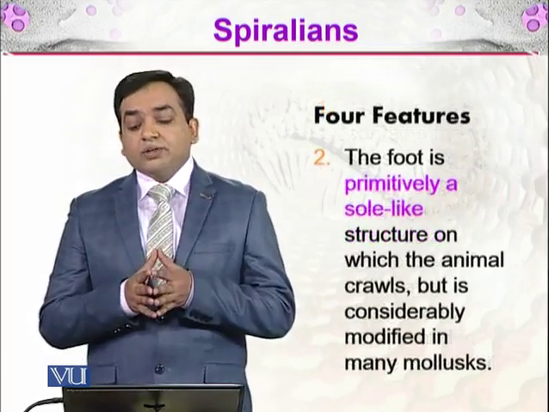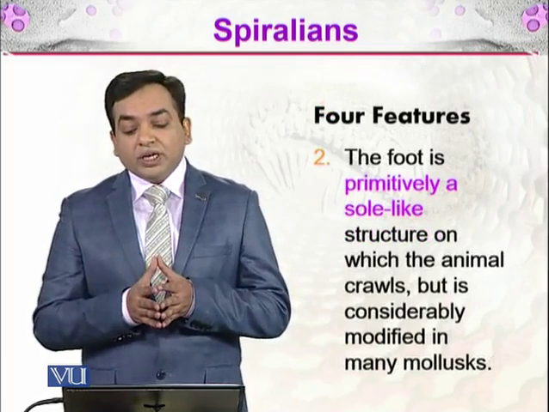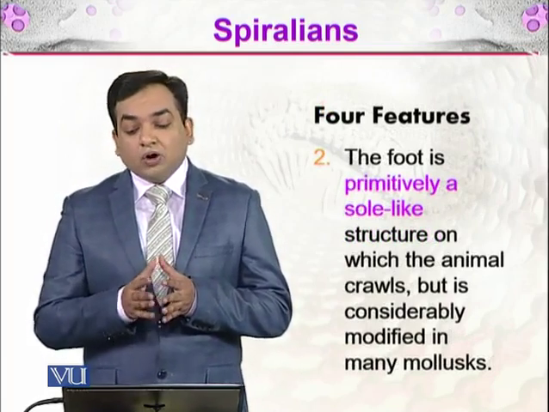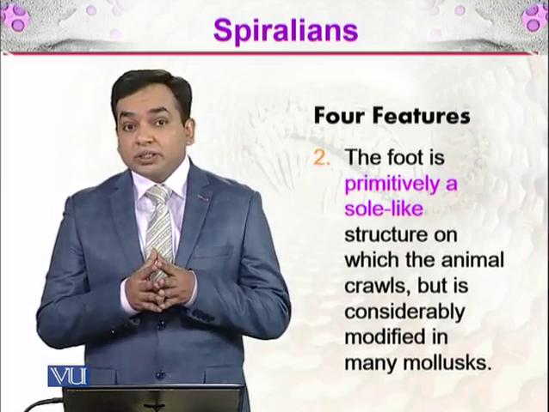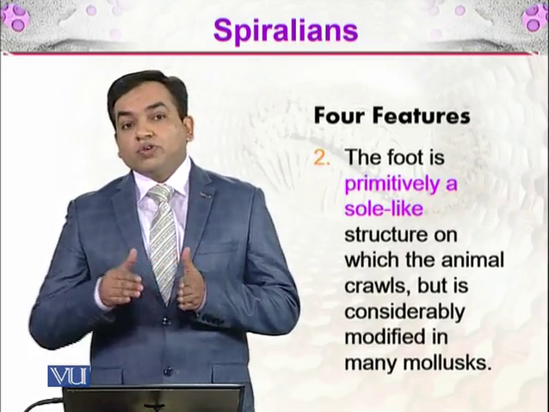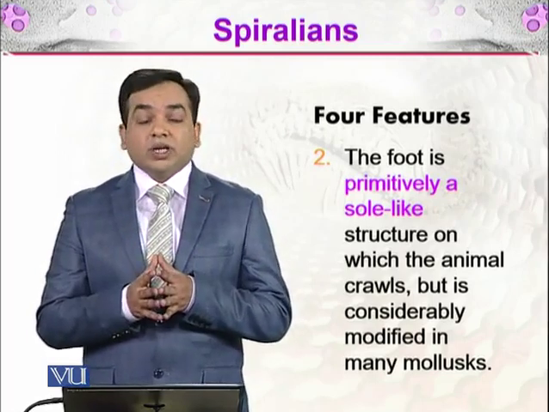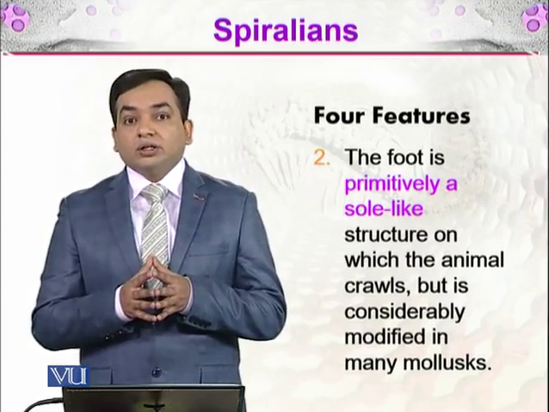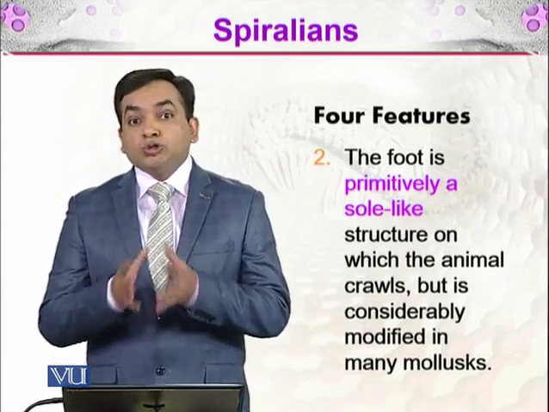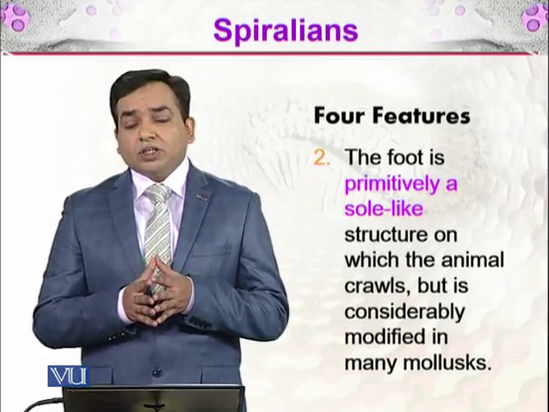The next feature is the foot. The foot is primitively a sole-like structure on which the animal crawls, but it is considerably modified in many mollusks. The foot is the organ through which it moves, and it is most prominent in slugs and snails, which are terrestrial organisms that crawl on these feet.